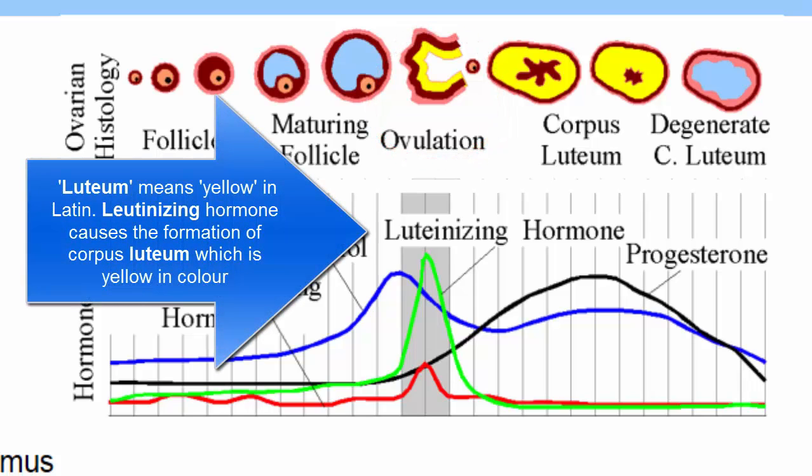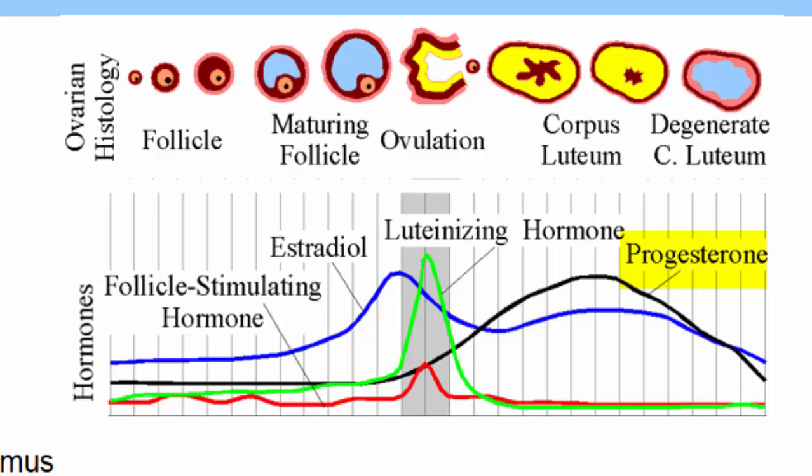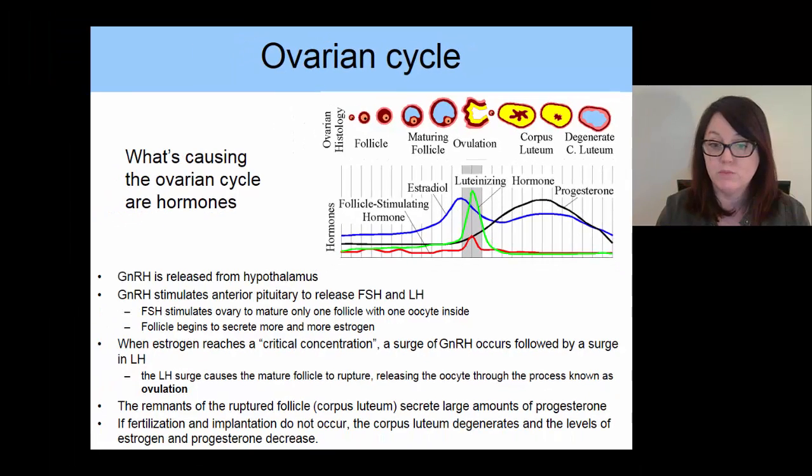The remnants of the ruptured follicle then repair, becoming the corpus luteum, and the corpus luteum secretes large amounts of progesterone. As I mentioned before, if fertilization and implantation do not occur, the corpus luteum will degenerate and the levels of estrogen and progesterone decrease. Then, as those levels decrease, the low levels of estrogen and progesterone feed back to the hypothalamus, causing the release of gonadotropin-releasing hormone, starting the cycle again.